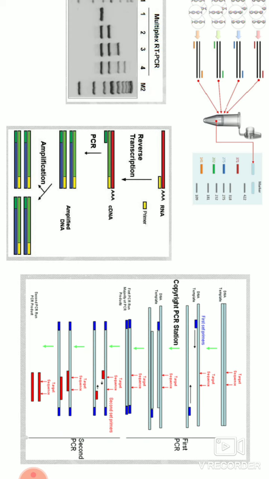Nested PCR is used in situations in which it is necessary to increase the sensitivity or specificity of a PCR. That is when amplifying a particular member of a polymorphic gene family, or amplifying a cDNA copy of an mRNA present in very low abundance in a clinical specimen.